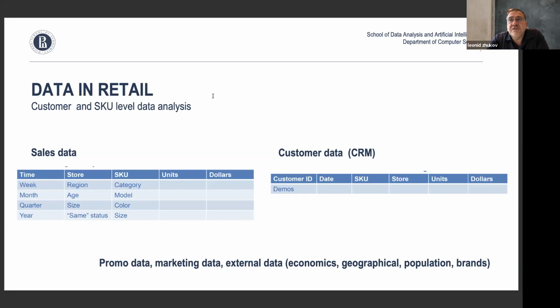And then there is, of course, back end or back office data on all the supply and warehousing. So all that information. Plus, quite often you get data about promotions, about marketing, and today there is a lot of external data that can be available.